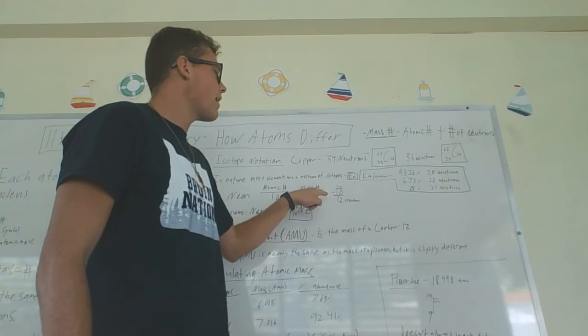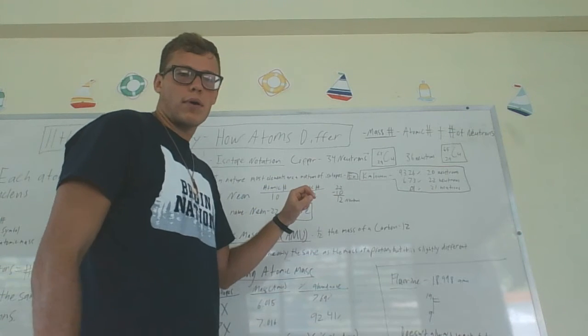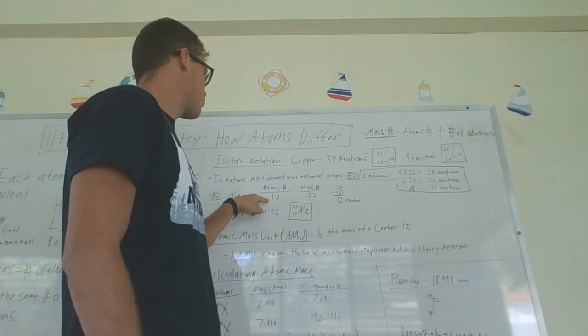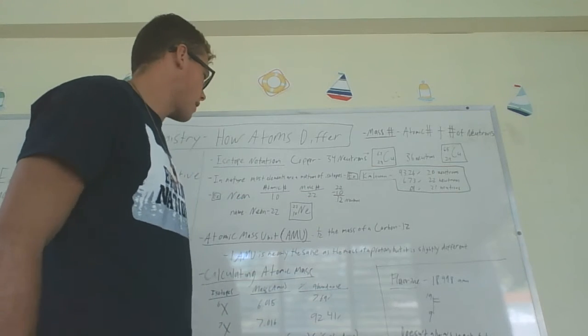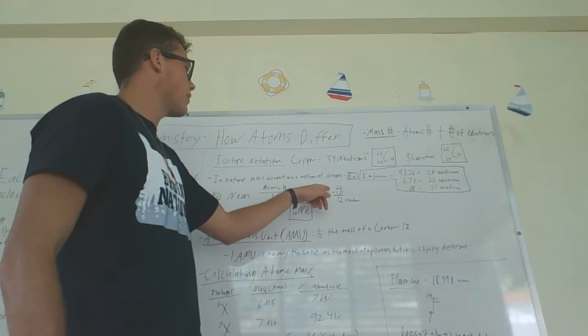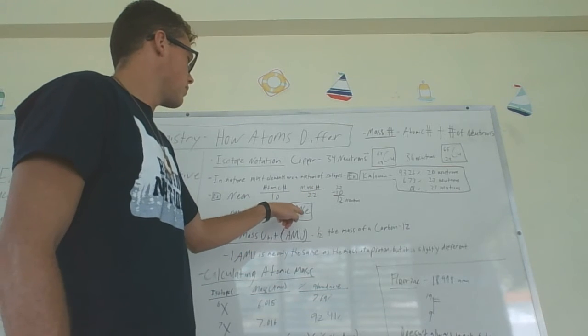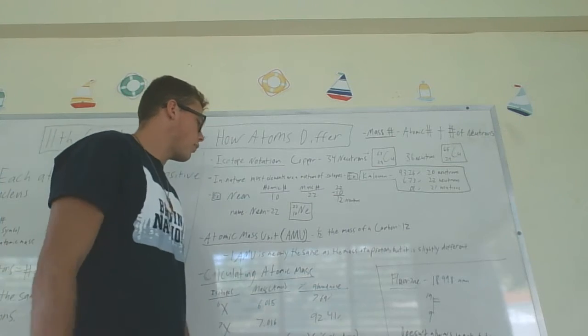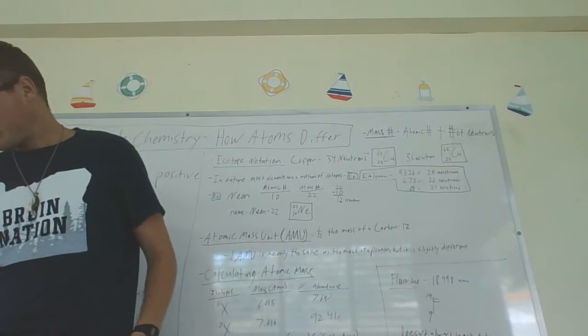Well, 22 minus 10 equals 12. You take the mass number and you subtract the protons. That gives you 12 neutrons, okay? And you call it neon 22 because that's the mass number. So you write it like this: 22, neon, 10. Neon 22 is the name, okay?